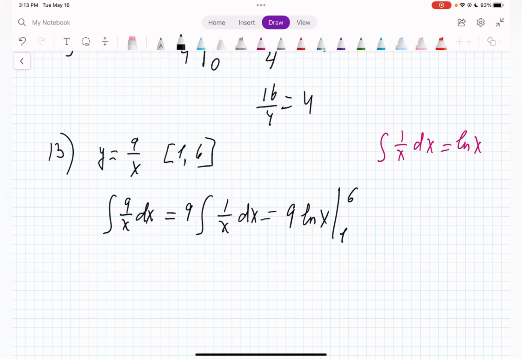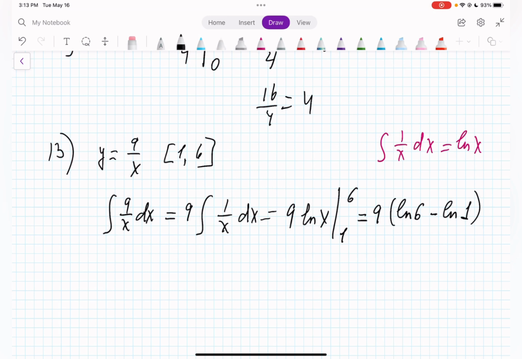So scientific, I'm looking, I have it. It's in your phone, it's on desktop also, calculator. So I will have 9 times natural log of 6 minus natural log of 1.